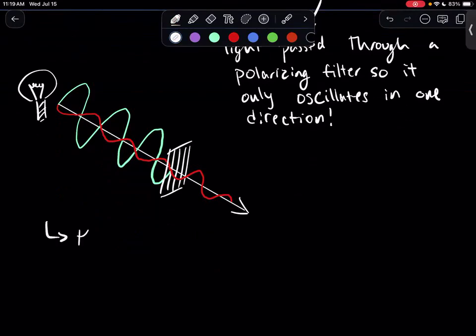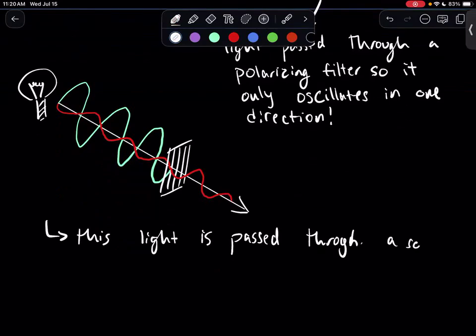Well, this light is passed through a solution with one enantiomer. So either the right or the left version, only one type of that enantiomer.